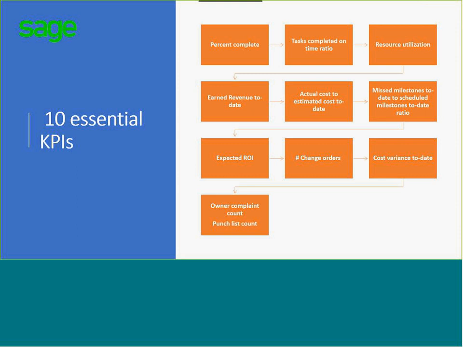So you need the basic information and structures or processes in place per project so you can measure all this stuff. You've got to collect the information first in order to measure it and set up these KPIs. So contract terms become project goals, and they're the baseline for any project.